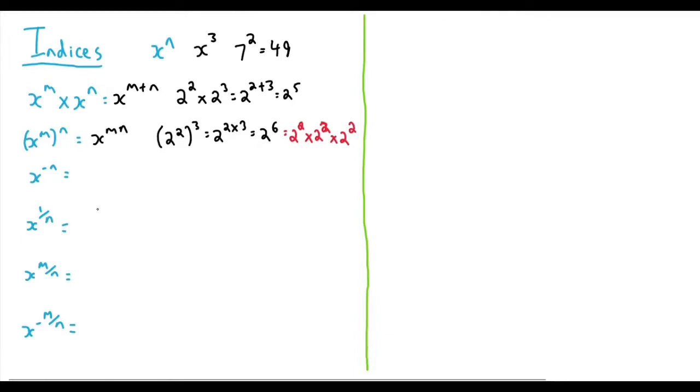But we can also start changing the actual form of this power. We could make it a negative. If you have a negative, this is basically saying there's going to be 1 over that letter or number to that same power. So if it was 2 to the minus 2, that would be 1 over 2 squared.